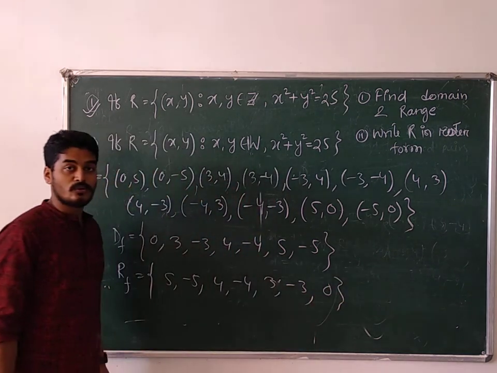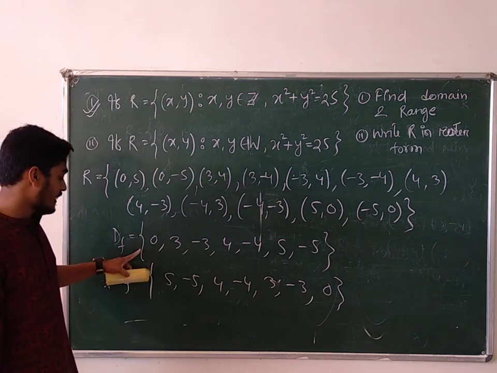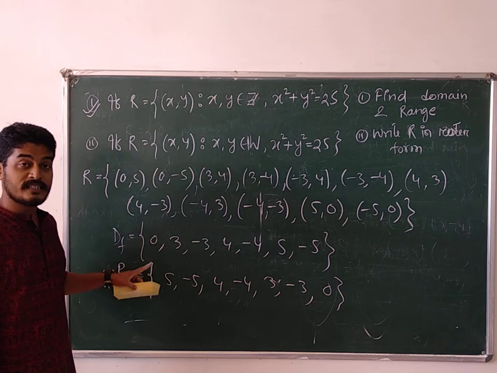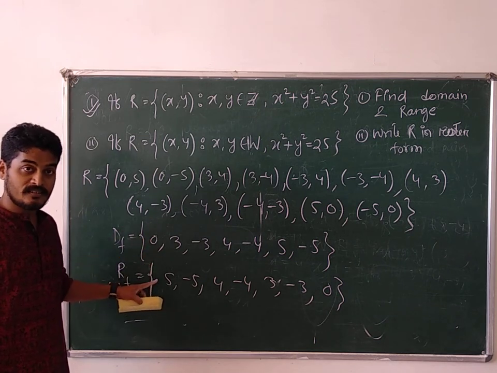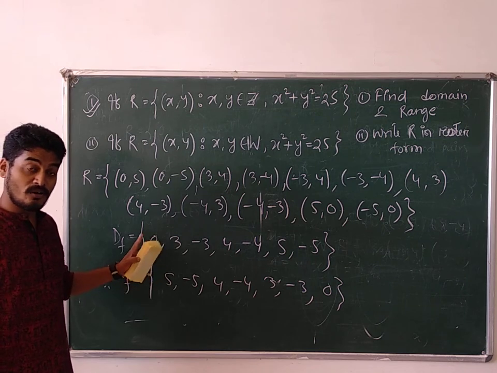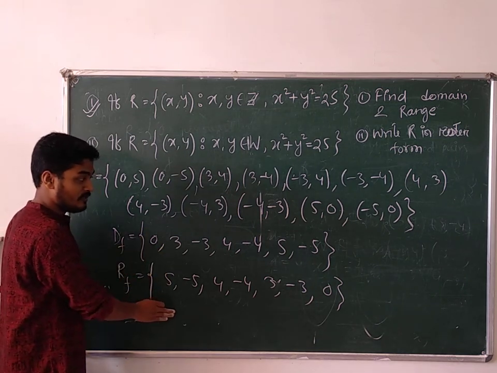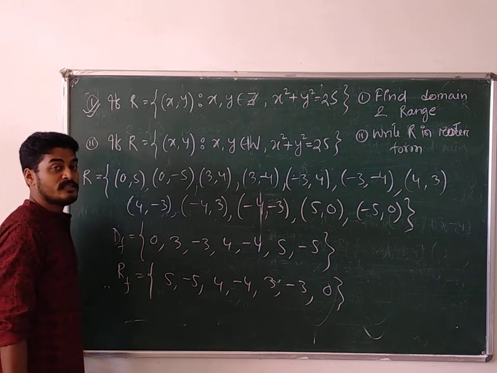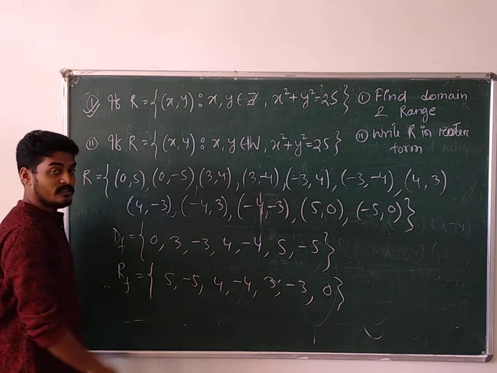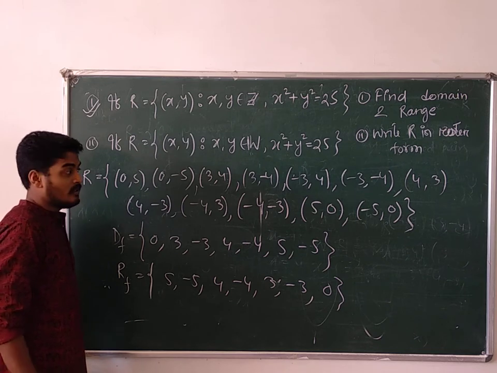Here range is equal to codomain. Are you getting my point? Range is exactly equal to codomain because the range set and the codomain set both contain exactly the same elements. Two sets are said to be equal if all the elements they contain are exactly the same. So these are equal sets; here the range set as well as the codomain set are equal.